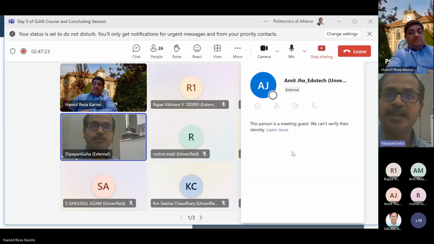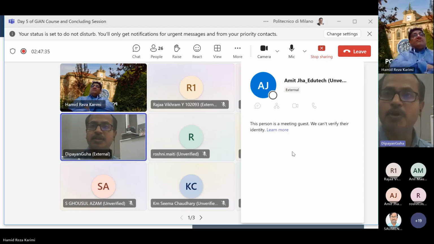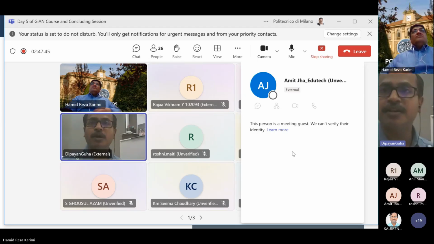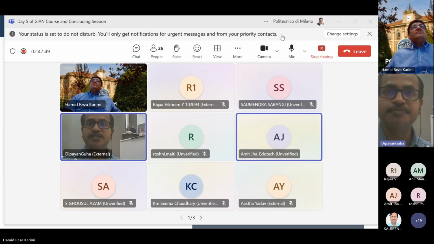You can write to us directly over email, and we will definitely explore more coordination with your institute, and try to have a tight bonding between the academic side and the industry partners. With this, we conclude the interaction session, sir. Now we can proceed to our regular discussions. Thank you so much.